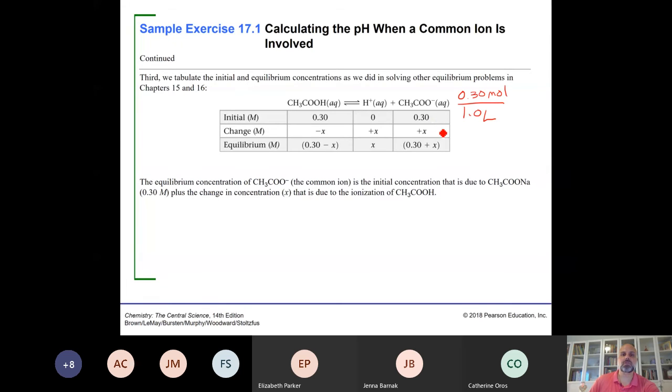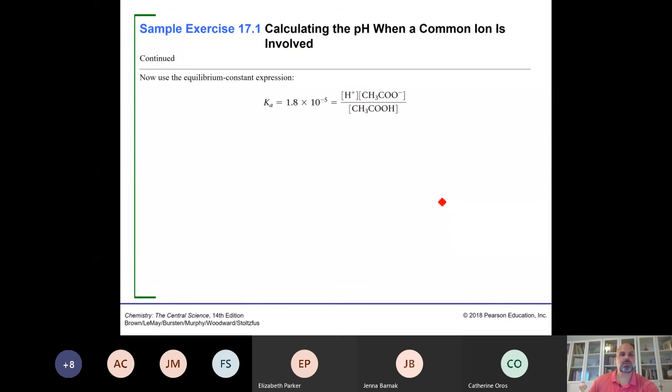So that's how we got our concentrations here. And just like before, we had minus x, plus x, plus x, and we end up with our equilibrium concentrations in solution. So the equilibrium concentration of the acetate, which is going to be the common ion, is the initial concentration that is due to the sodium acetate, 0.30 molar, plus the change in concentration x that is due to the ionization of the acetic acid.